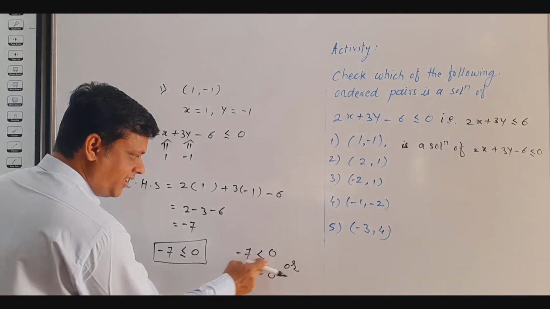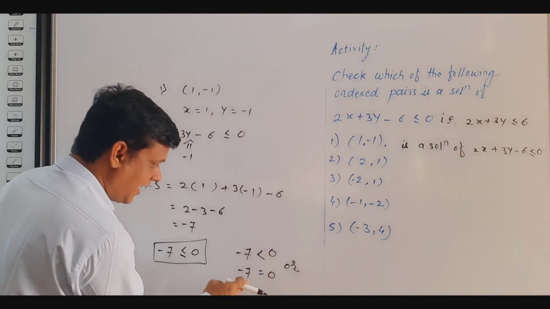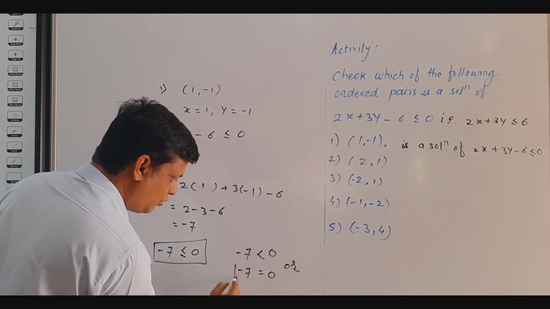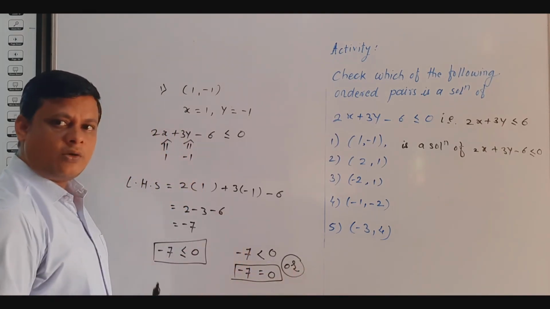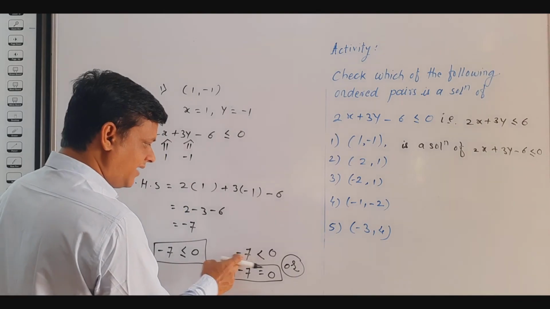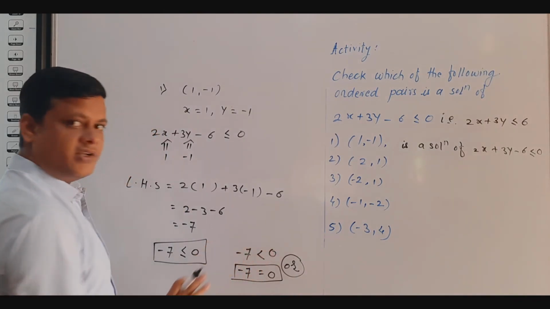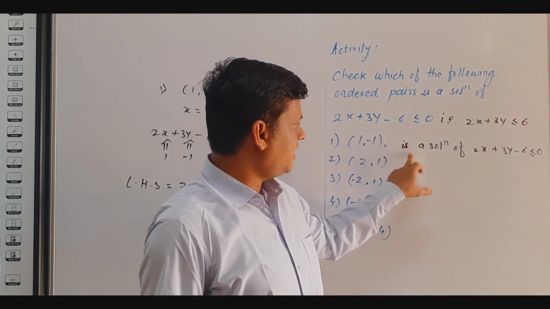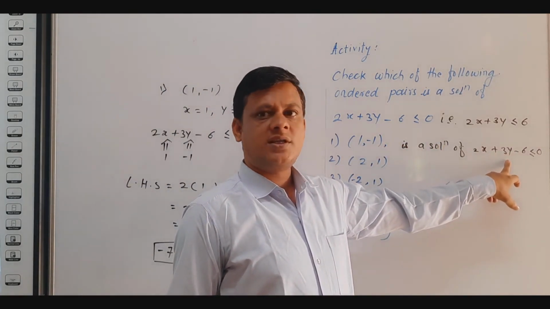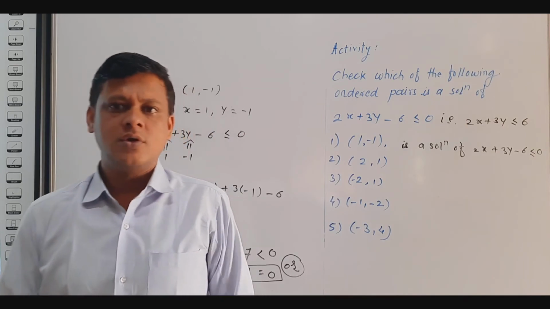So minus 7 is less than 0 and minus 7 is not equal to 0, and because of the word or we require only one condition. Here this minus 7 is less than 0, so the condition is satisfied. So we call this 1, minus 1 a solution of 2x plus 3y minus 6 less than or equal to 0.